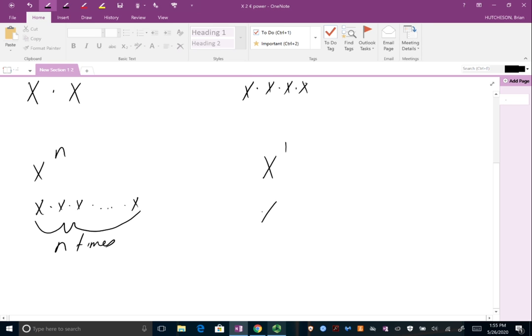Well, it's just x times itself 1 time. That just leaves me with an x. And this is one of our first major deals: if you have 3 to the 1 power, guess what? You get a 3. So anything to the first power, it's pretty nice. It's easy to map out.